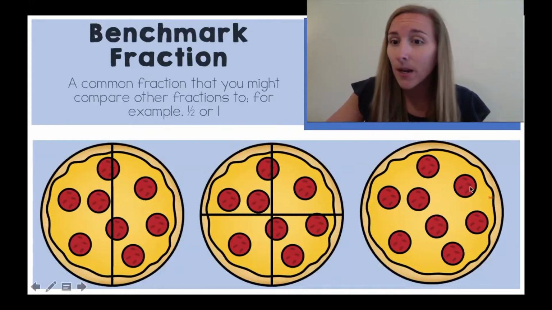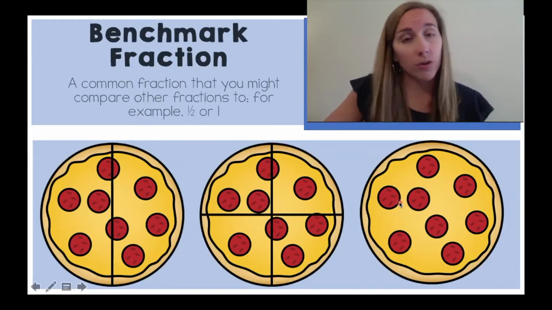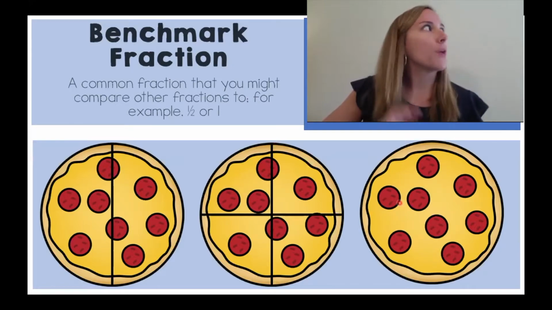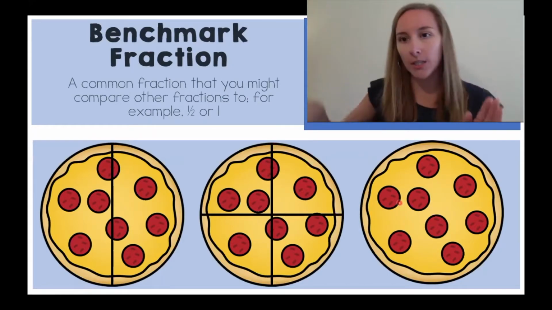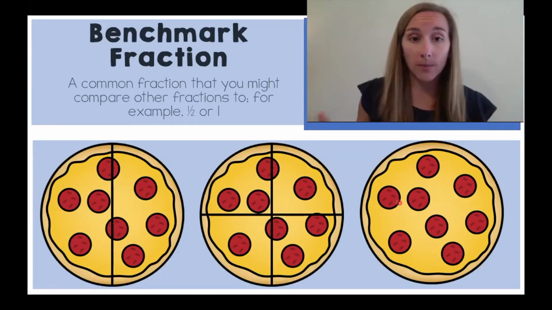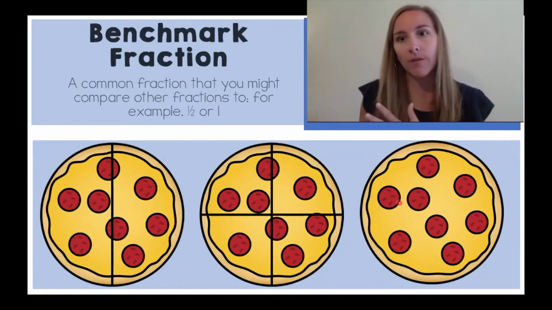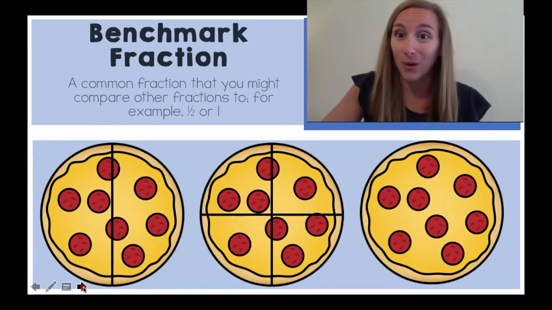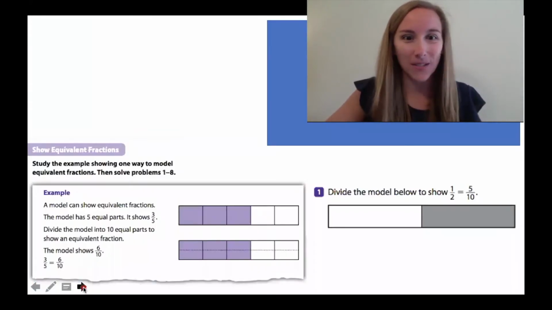And then last but not least, 1/2 could be considered a benchmark fraction, because as we transition into comparing fractions, we absolutely will talk about comparing fractions based on the benchmark fraction of 1/2. Great, y'all are doing awesome.